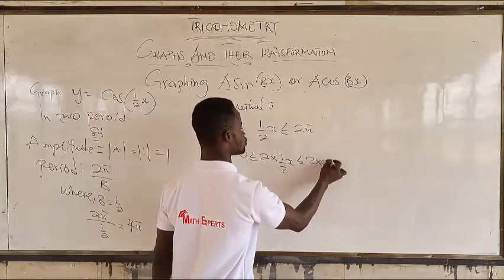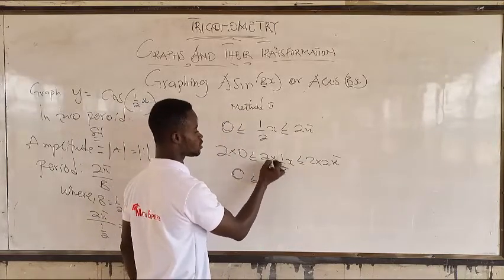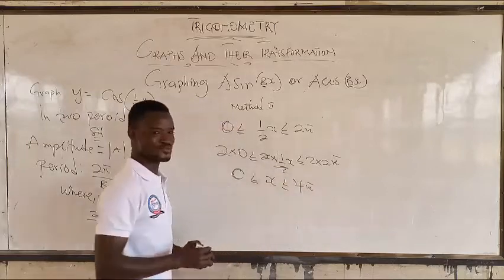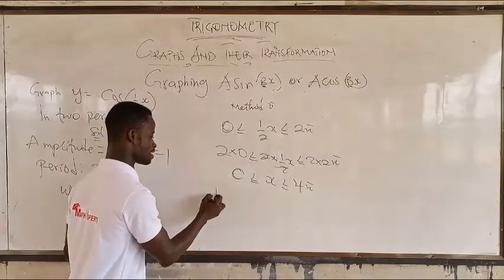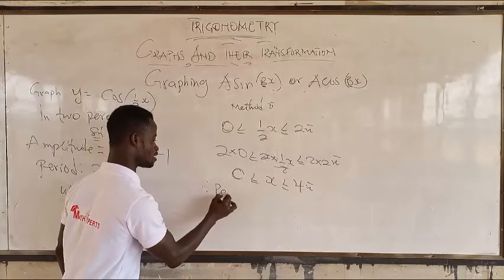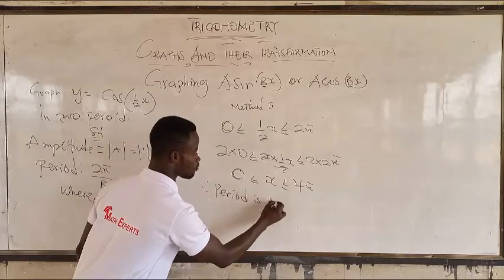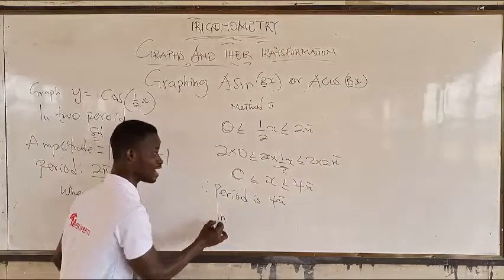This will give us 0, this will give us s, and this will give us 4 pi. Very good. So you can see that the period is 4 pi.